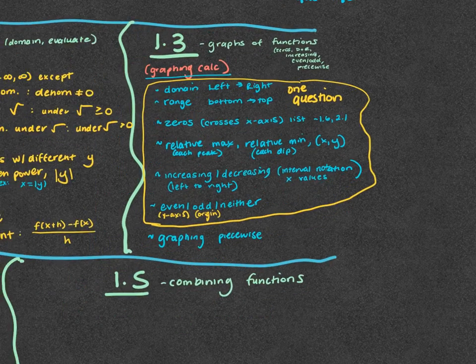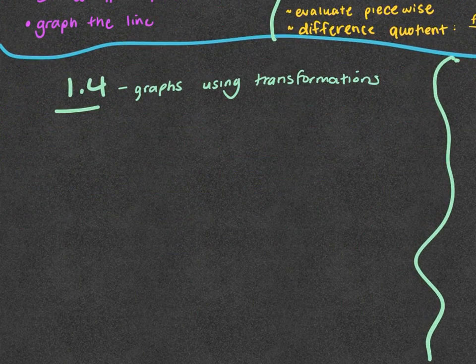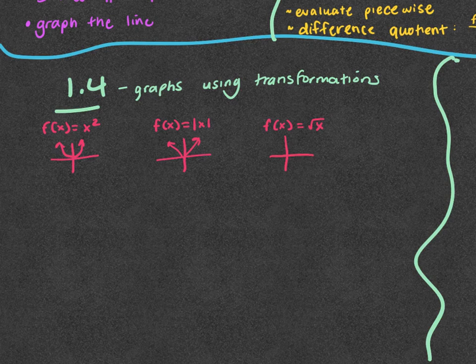So yeah. Okay, so 1.4 is your transformations. This is where we had our parent functions, so let's start with parent functions. X squared, which is your parabola. Absolute value of x, which is your V. Square root of x, which is half the parabola turned on its side.